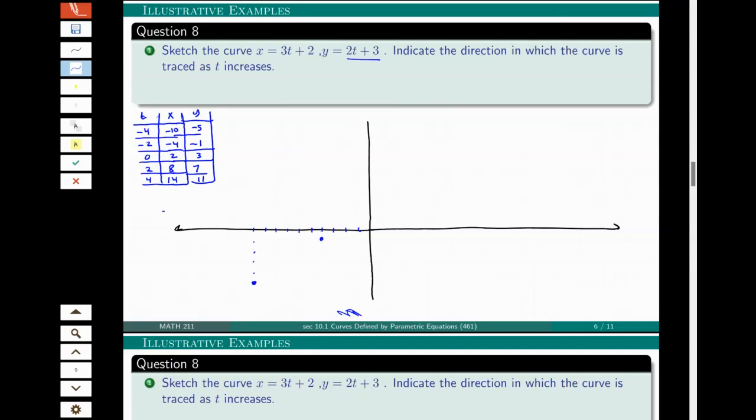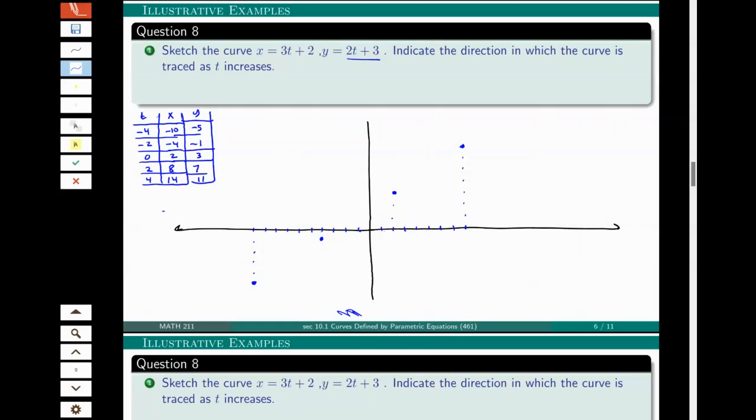We have 2 and 3. 1, 2, 3. Okay, 8 and 7. This will be 1, 2, 3, 4, 5, 6, 7, 8. 1, 2, 3, 4, 5, 6, 7.